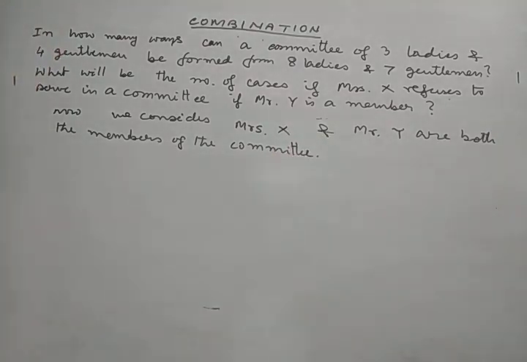So when Mrs. X is a member of the committee, that means you have not to select Mrs. X, right? তার মানে you have to select 2 ladies from 7 ladies.